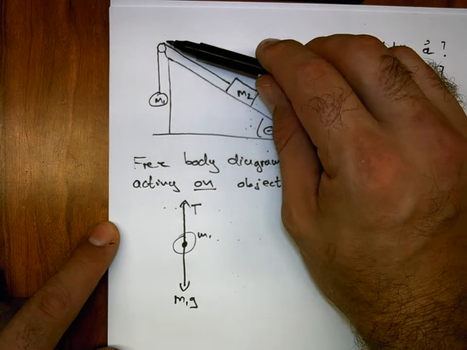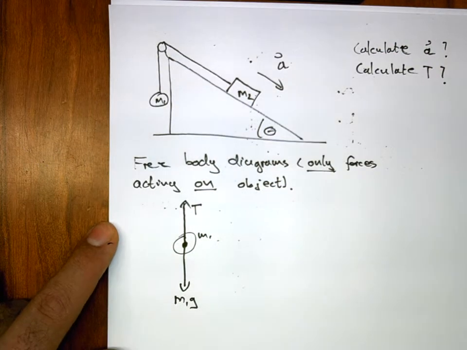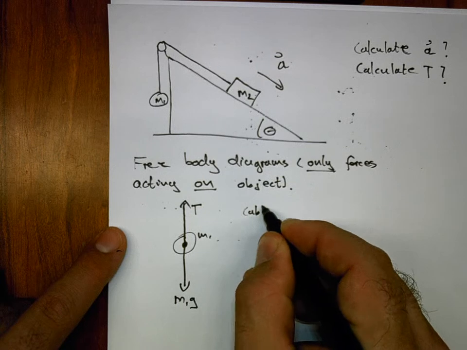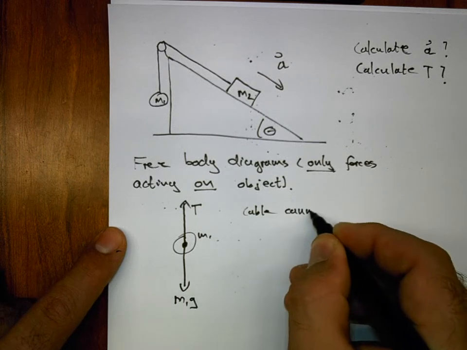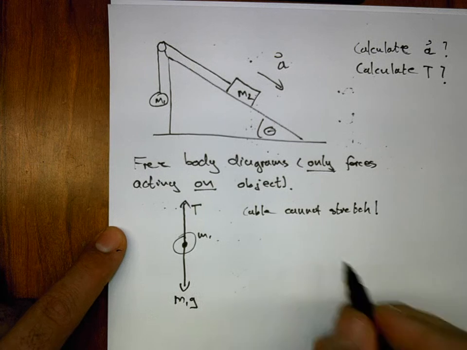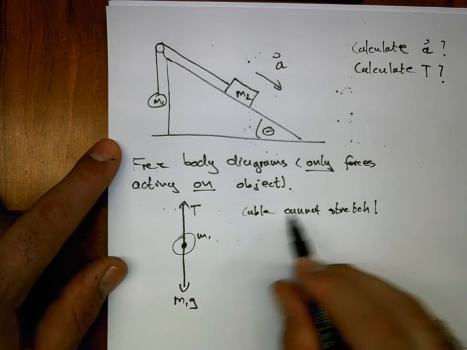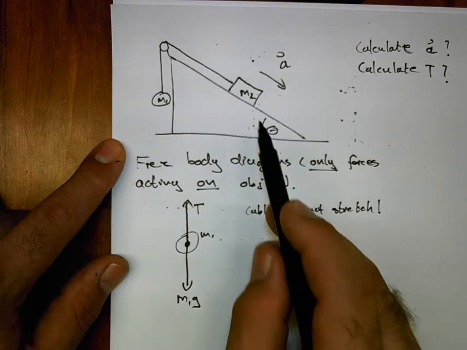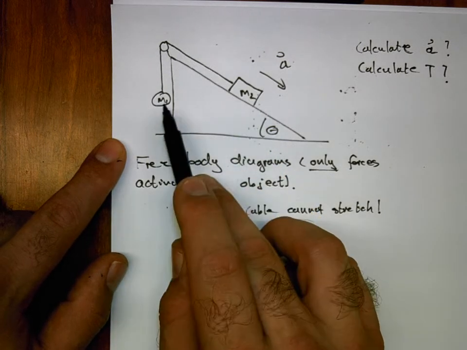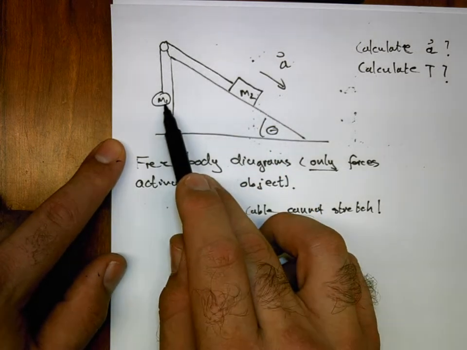But remember, because the cable cannot stretch, whatever the magnitude of the acceleration of this object is, it has to be equal to the magnitude of the acceleration of that object.